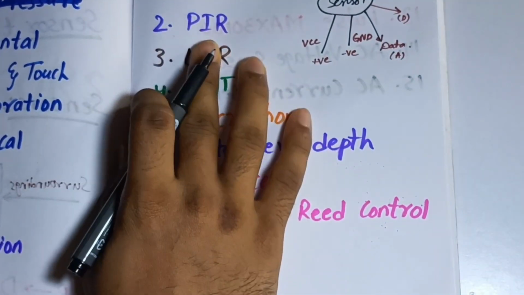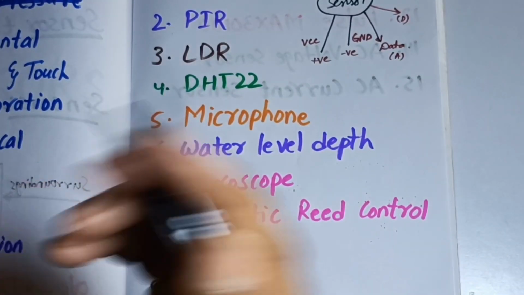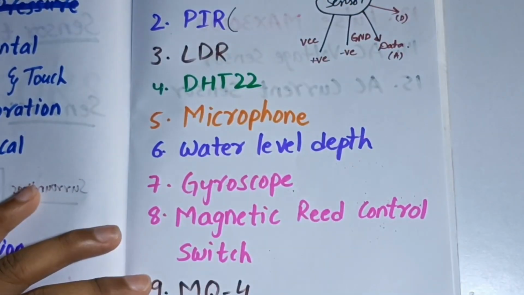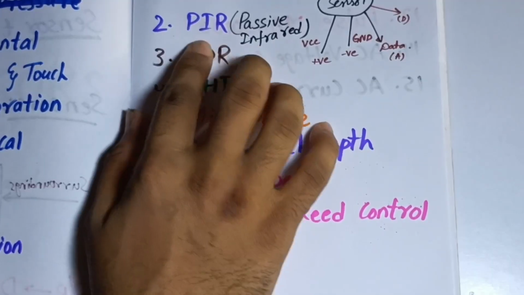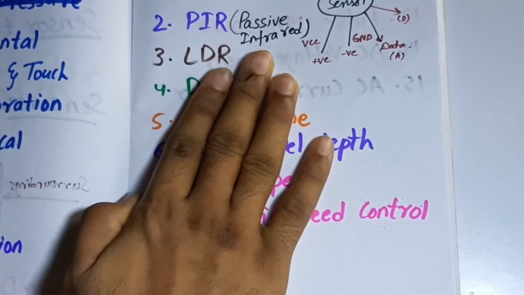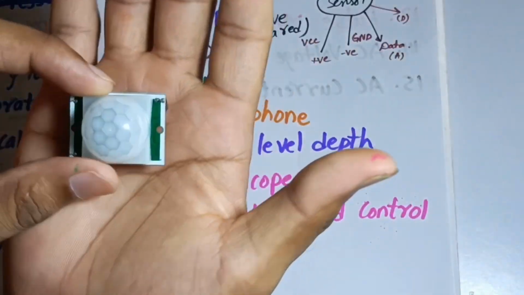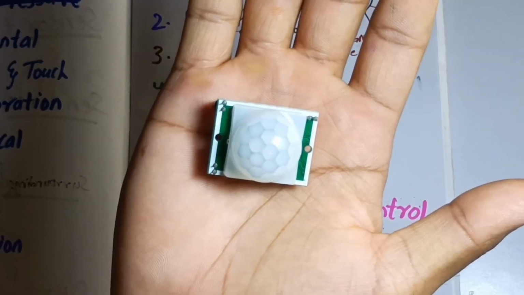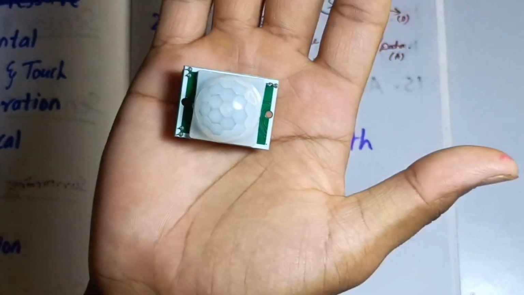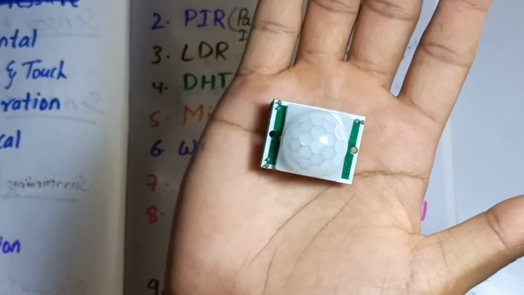Coming to the second one, which is PIR. PIR means passive infrared. This is also known as motion sensor, and this is what it is. This is used to detect the motion of any person.